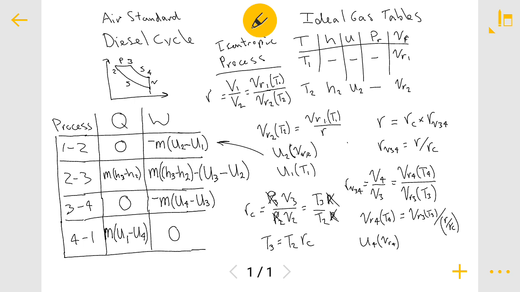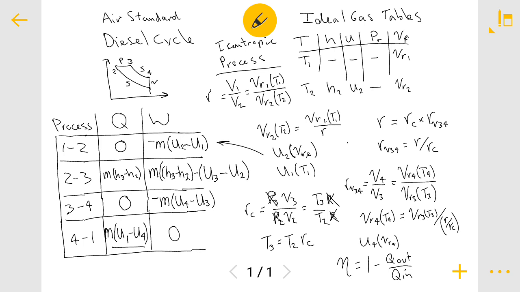I have U3 already and U4, so now I can get the work for process 3-4. And then for the final process, I should already have U1 and U4, and so I just put in values for that. So now I have the Q for each process, the work for each process, and then finally the efficiency is simply 1 minus Q out over Q in.